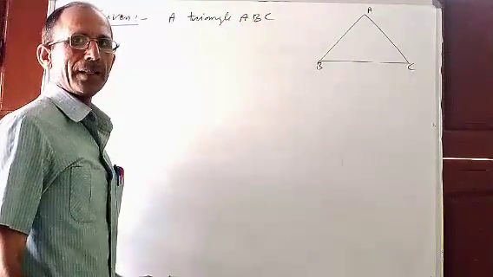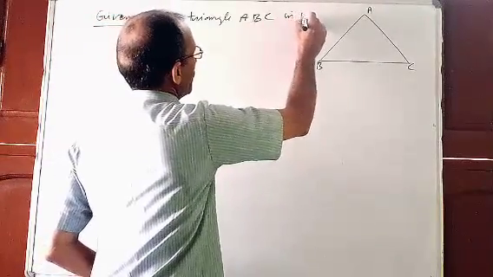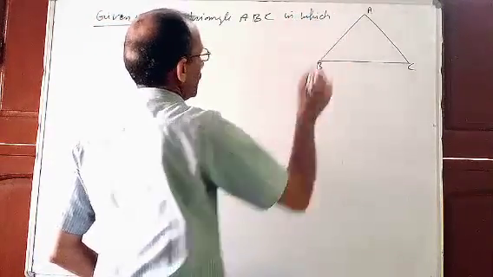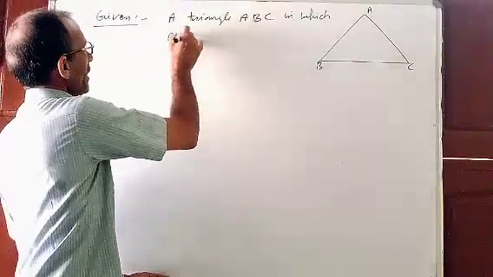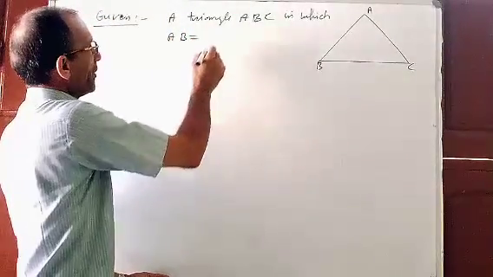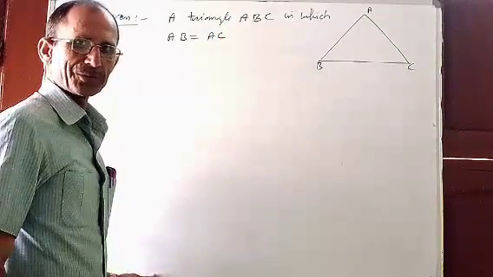Given a triangle ABC in which AB is equal to AC.